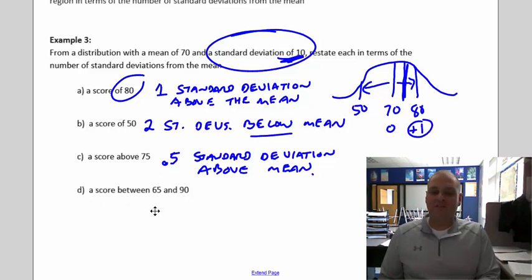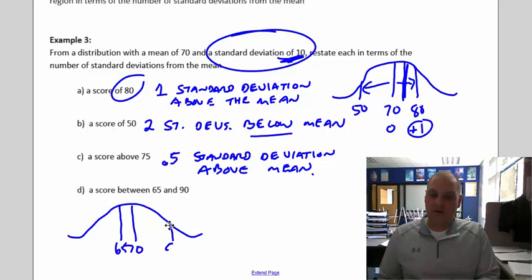And how about between 65 and 90? I'll just draw a new one because we're getting ugly here, right? Well, 70 is right here. 65 is right here. 90 is up here. Okay? So this was the mean. 65 is a half below the mean because it's only 5 below. So it's 0.5, so we'd say from 0.5 standard deviations below the mean to how many above?